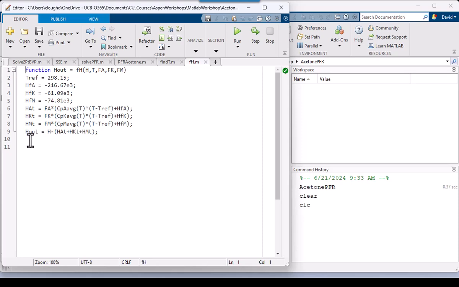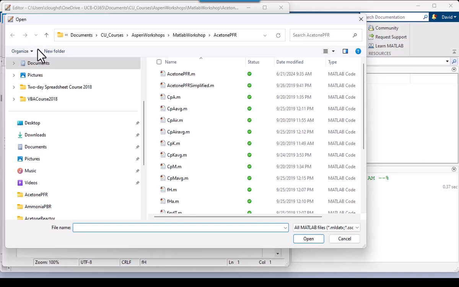And what we want to do is have our modified secant method drive this to zero, so we're using the current value of the temperature, and that resolves the temperature for us. You can see that this uses functions to compute the heat capacity, the average heat capacity of our three reacting components. So if we'll just open one of those for acetone.